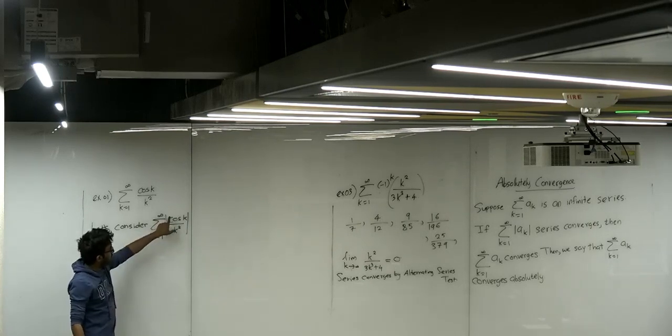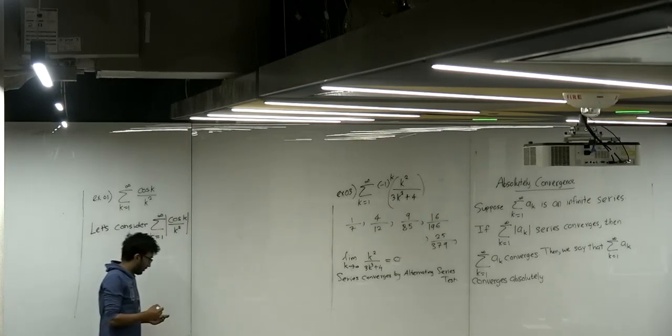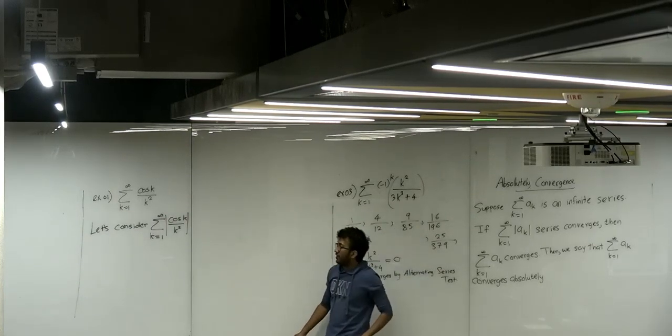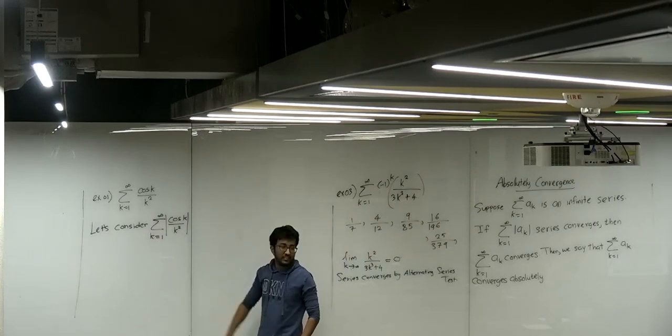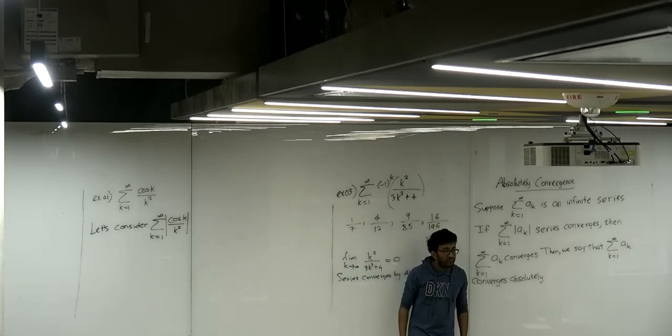Now this is positive because we have the absolute value, so we can apply any tests that we know. What test can you apply to determine the convergence of this series? It's difficult to apply ratio and root, because we have no idea about cosine k plus 1 and cosine k. It's difficult to relate them.